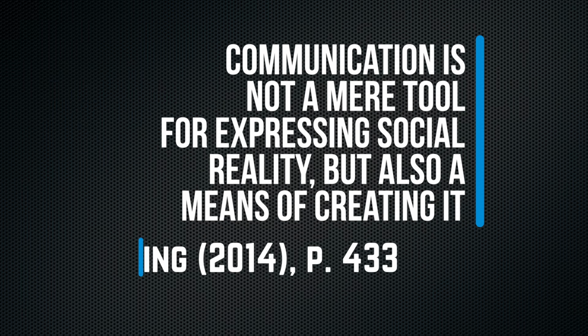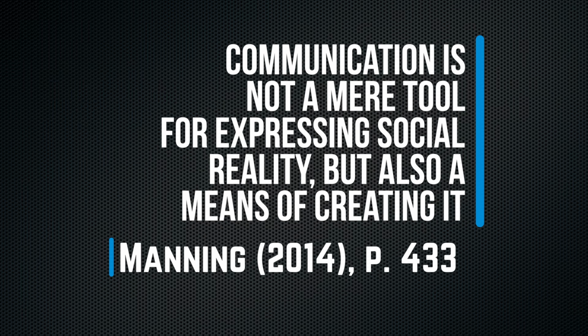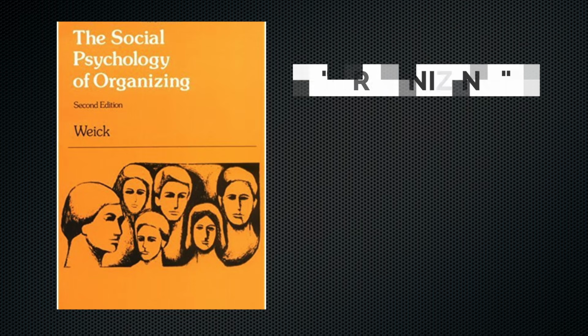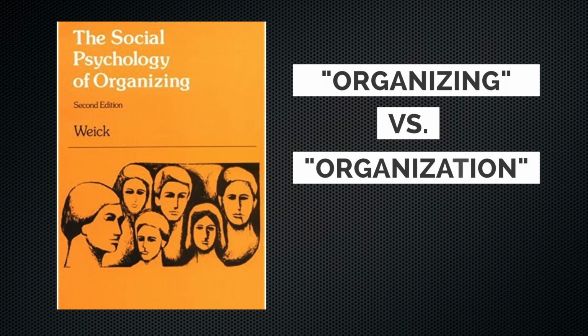Manning in 2014 had much the same view. He said that communication is not a mere tool for expressing social reality, but also a means of creating it. This reminds me of something that Karl Weick said a couple of decades earlier in 1979 when he wrote his book about organizing. He said the word organization was too static of a term to describe what's happening in our workplaces.